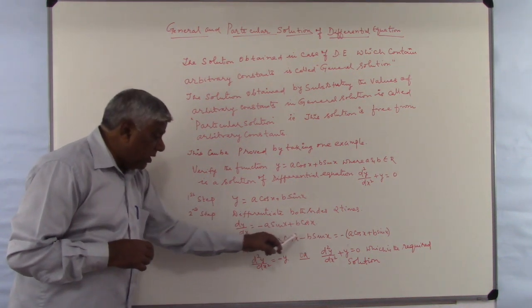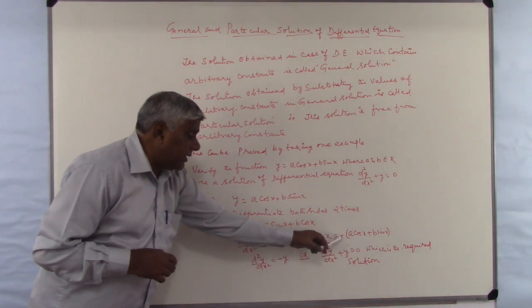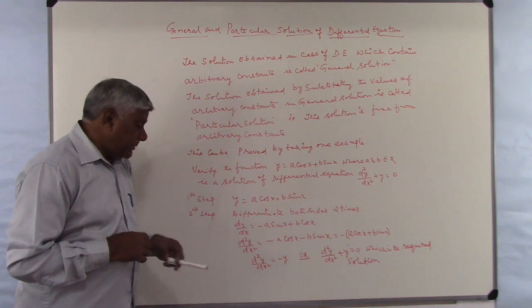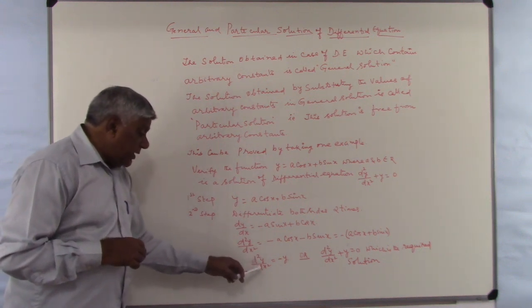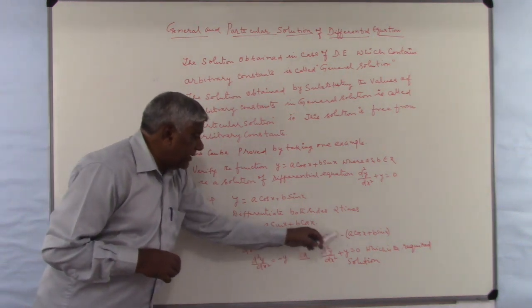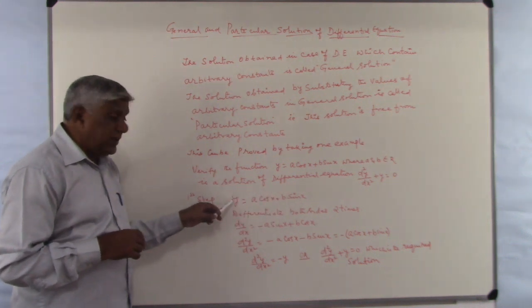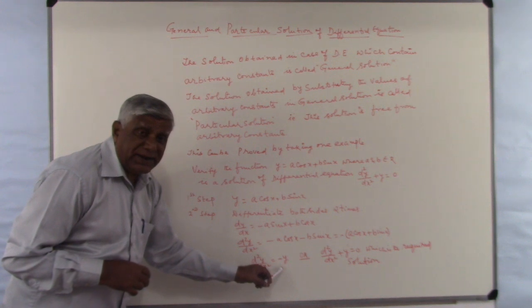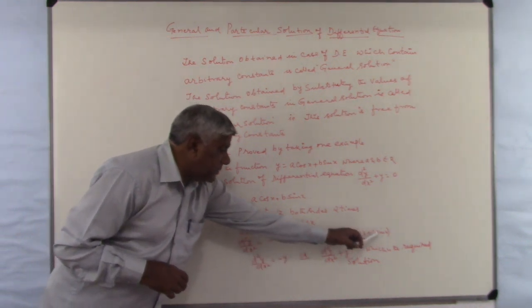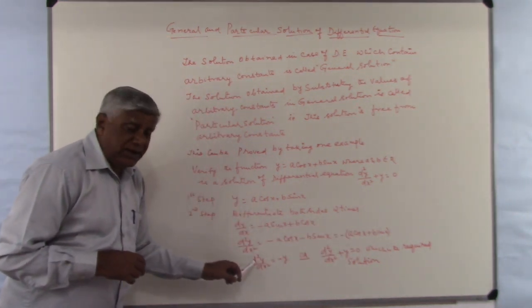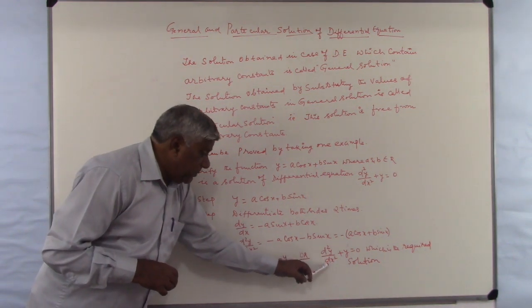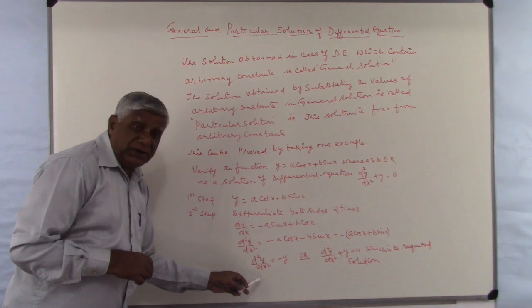Now what is common? Minus is common. So I have taken a cos x plus b sin x. Now d square y by dx square is equal to minus, what is a cos x plus b sin x equal to? y. That y we have substituted here. Instead of a cos x plus b sin x, I have substituted, d square y by dx square is minus y. Now d square y by dx square, minus y I will transfer to this side.